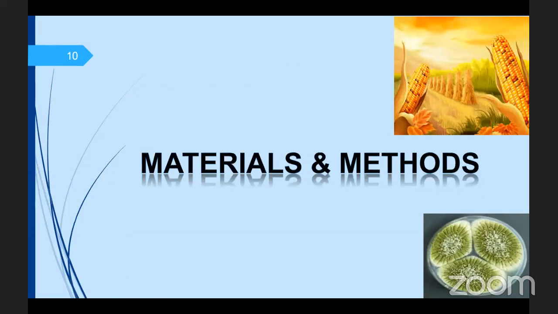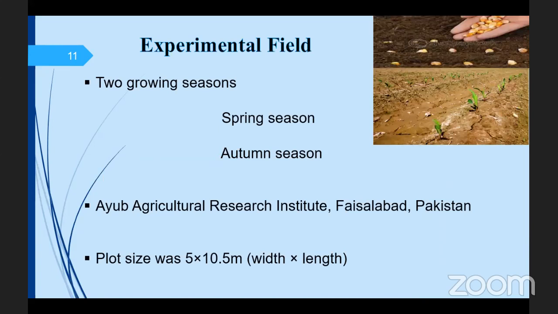Now I will discuss the materials and methods. The whole study was carried out in two growing seasons, spring and autumn. The experiment was conducted at the Ayub Agriculture Research Institute, Faisalabad, Pakistan.